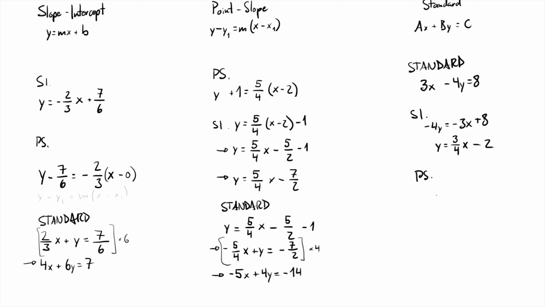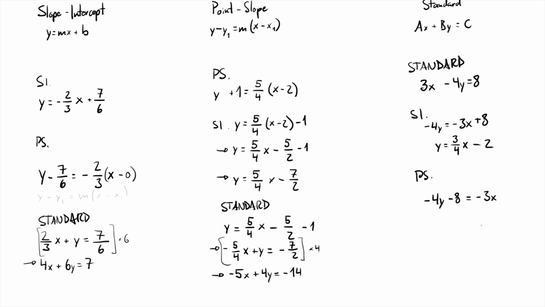So I want my y and a constant on the left hand side, and I want everything with an x on the right hand side. So all I'm going to do from the standard form is take negative 4y. There's my y. I also want a constant there, so I'm going to bring over this 8 that's on the right hand side to the left hand side. It's going to become minus 8. And then I want my x on the right hand side, so that's going to become negative 3x.